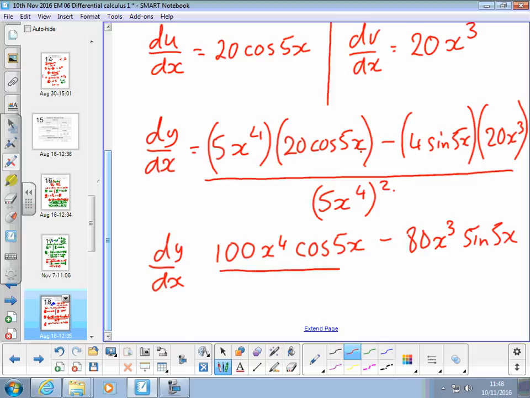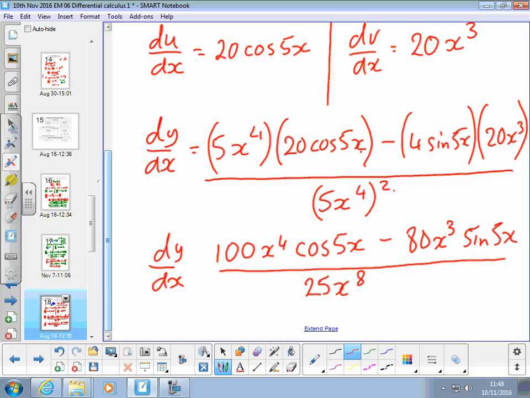We've still got to put our 25x to the 8 underneath. Don't forget that. Does everybody understand what's happened there?